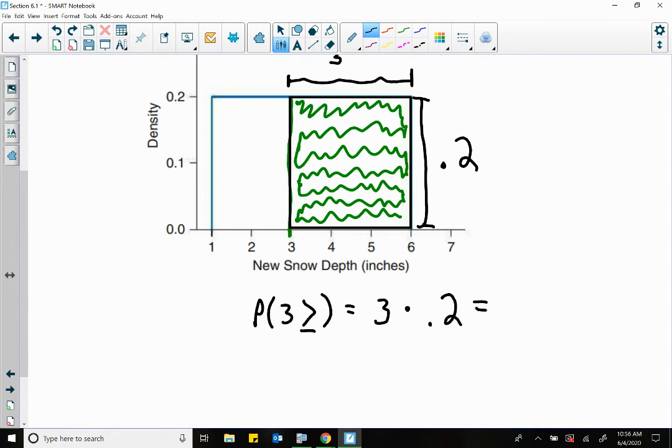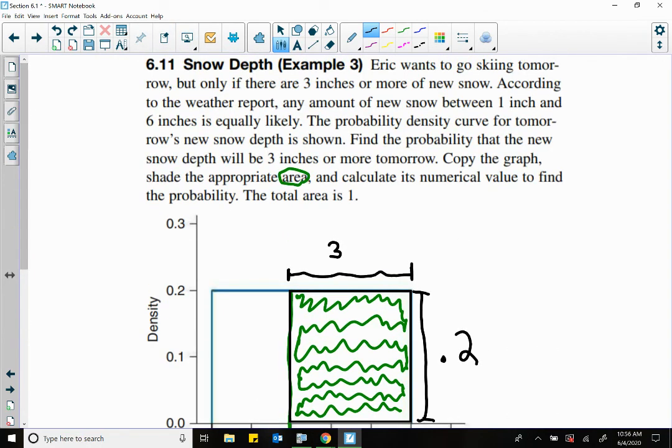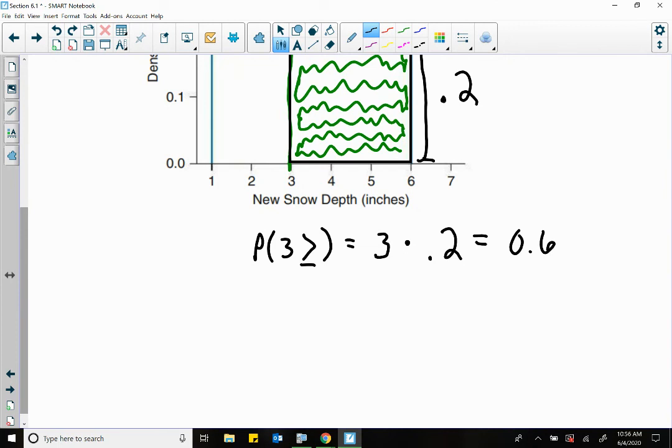And if you take 3 times 0.2, you get 0.6. Okay? So the probability of Eric going skiing tomorrow is about a 60% chance. Because 0.6 as a percentage is about 60. Cool?